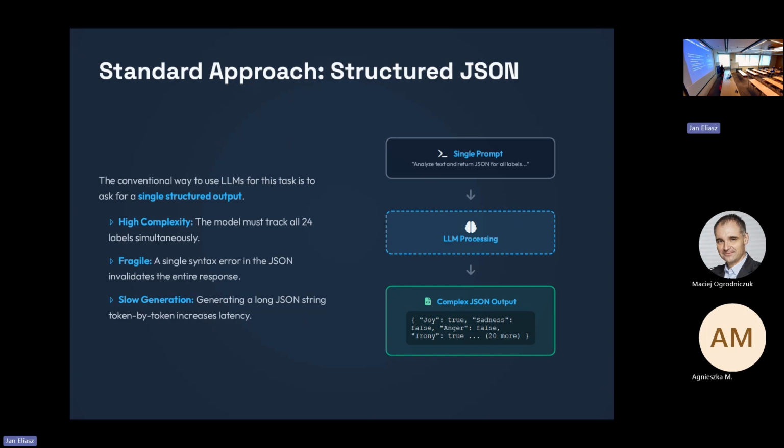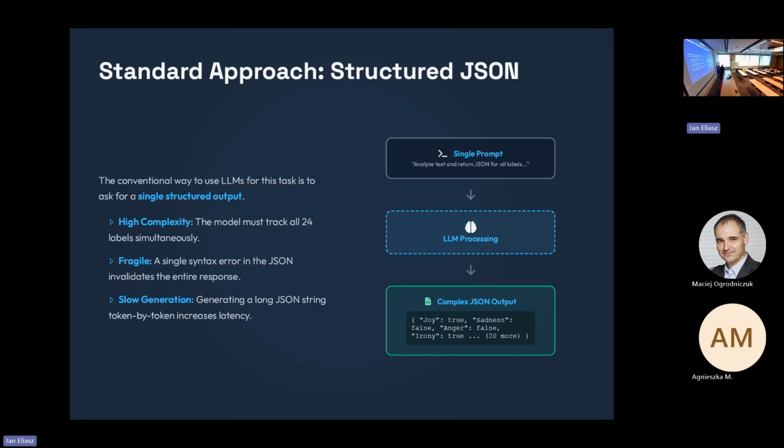The problem with this approach is that it's very complex, because if we have a lot of labels, hundreds or even more, then the entire output is very large and also very fragile, because sometimes even the most recent models have problems producing valid JSON in the final answer.